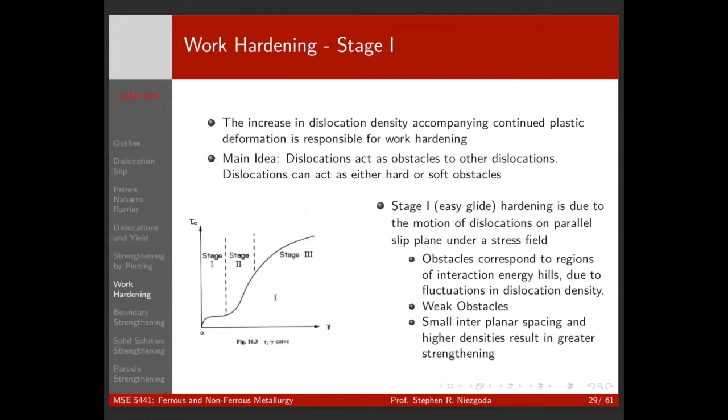So stage one, we showed this picture before. This is a single crystal, and we said we broke it up into stage one, easy glide, and then this work hardening regime, and then a stage three, right? So in easy glide, there's very little hardening that happens past yield. That's because we don't have enough dislocations to interact.